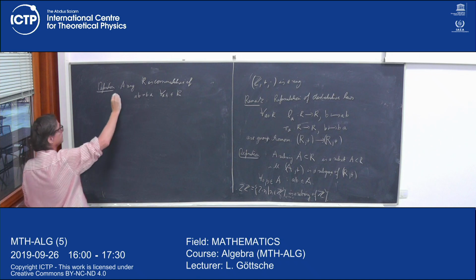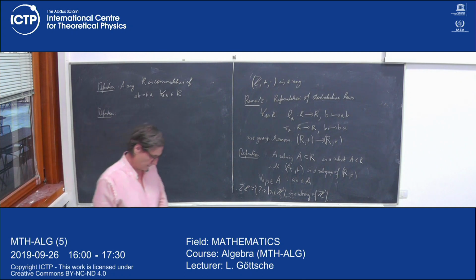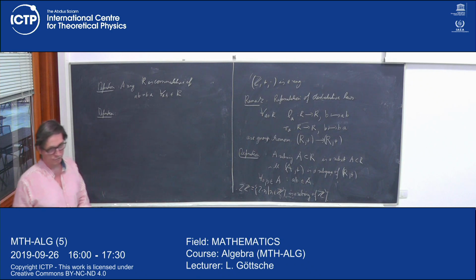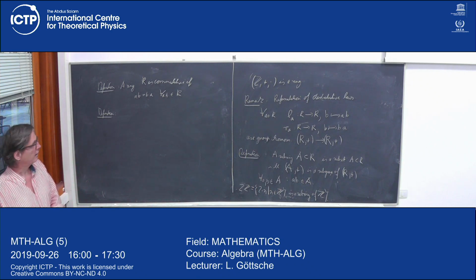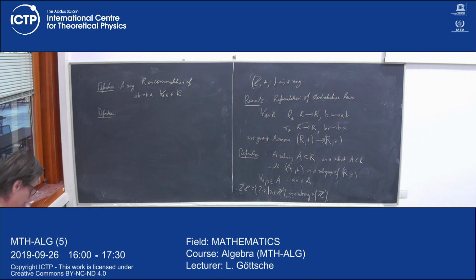And we have assumed that the addition is a group, so we also have a neutral element for it. One extra assumption we can make is that we have a neutral element for multiplication.